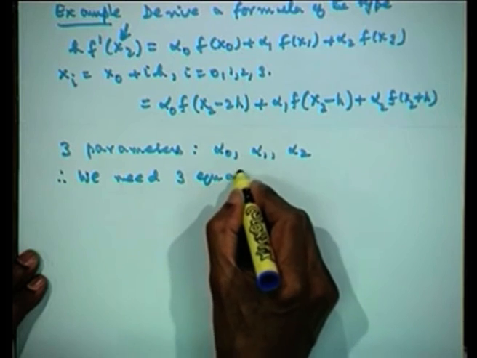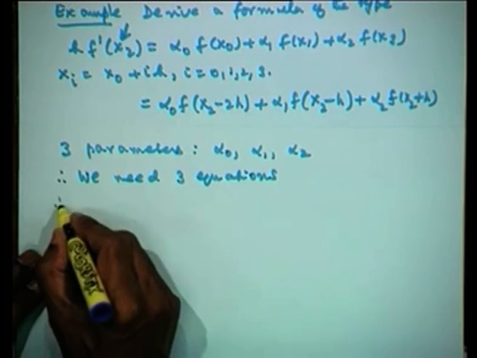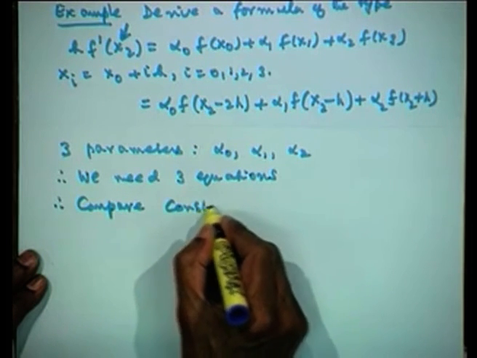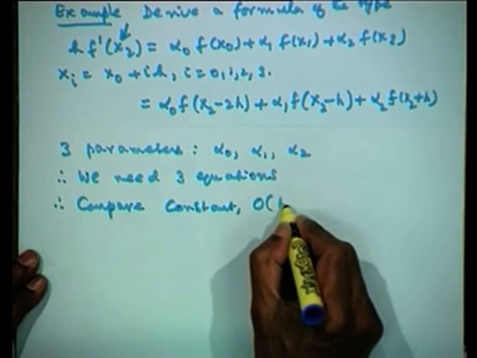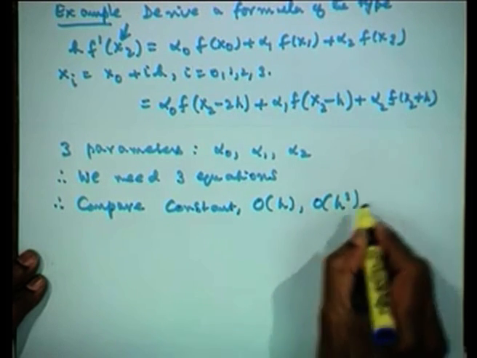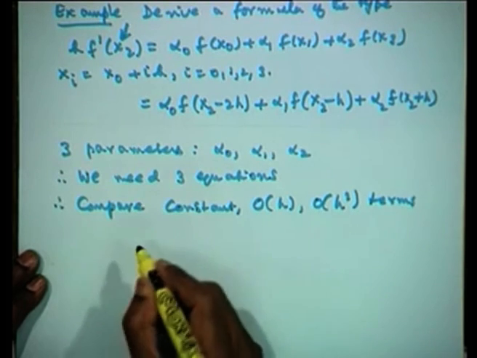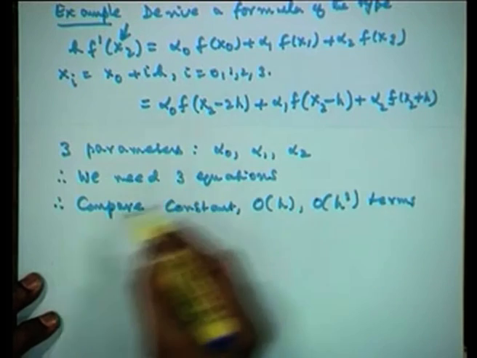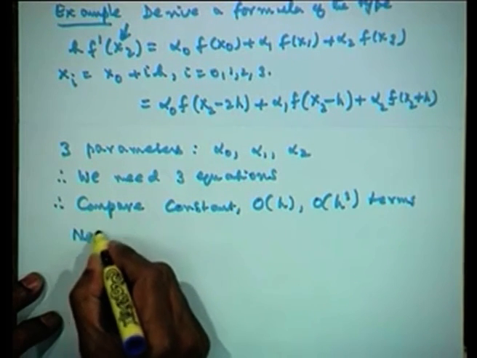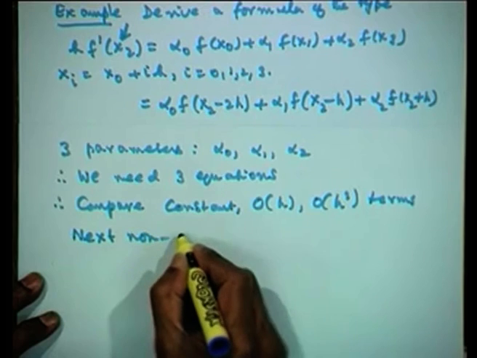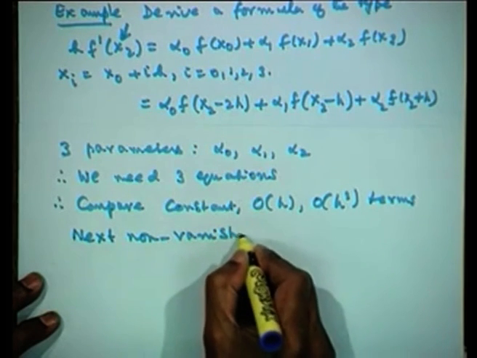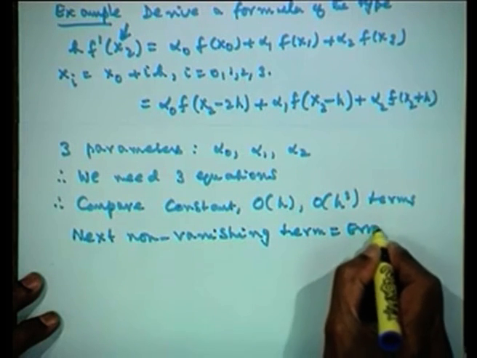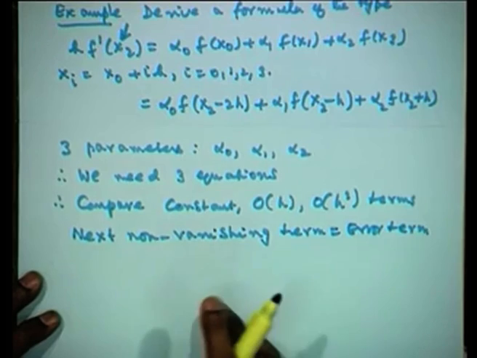The next non vanishing term is the error. So, the error is the next non vanishing term.